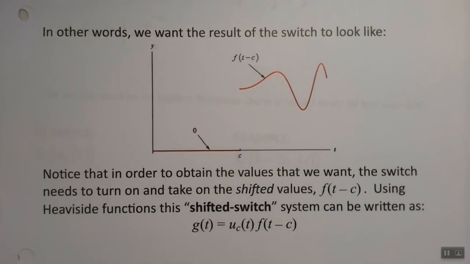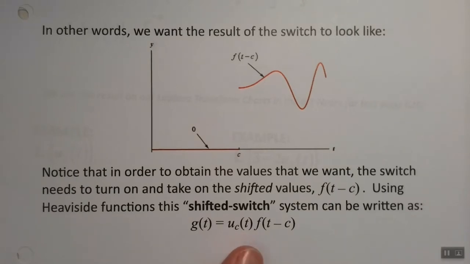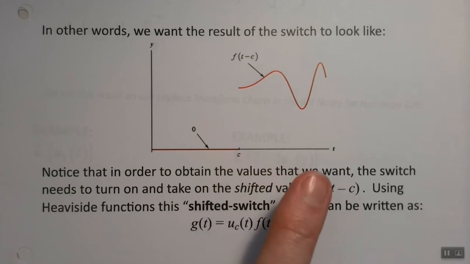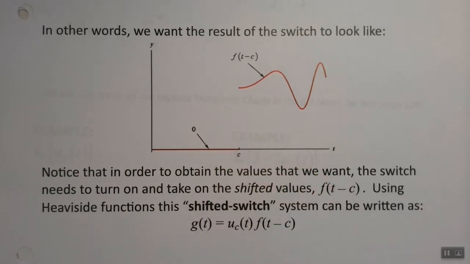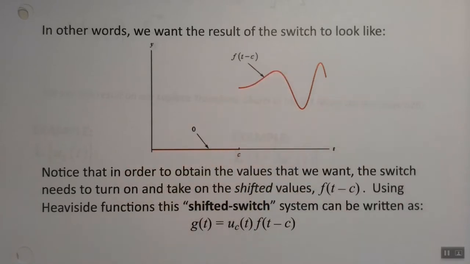A shifted switch makes use of the fact that if you were to take a graph g of t and write it as f of t minus c, that's basically shifting the f of t graph c units to the right. And then if I multiply that by u sub c, I'm not only shifting the graph c units to the right, but I'm making it so that nothing of the function shows up until t equals c. So it's 0 and then boink, and then it starts behaving like the f of t graph.